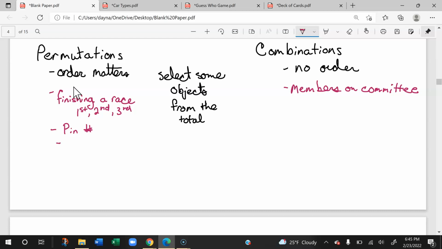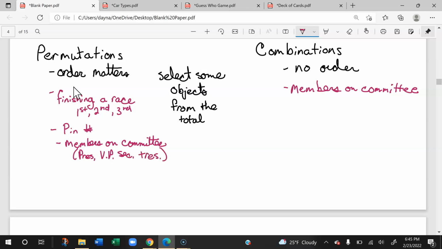But there is a stipulation where there's members on a committee and they identify president, vice president, secretary, and treasurer.